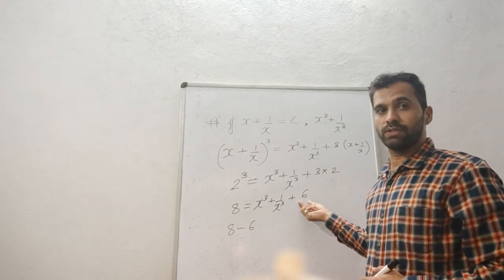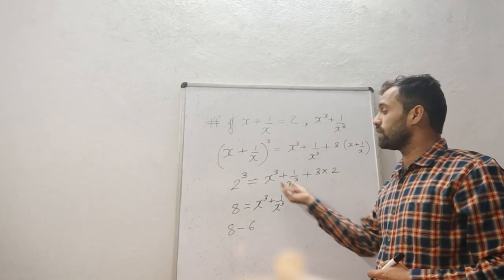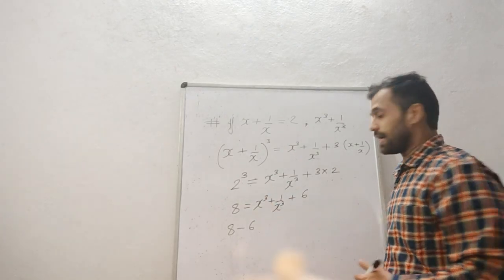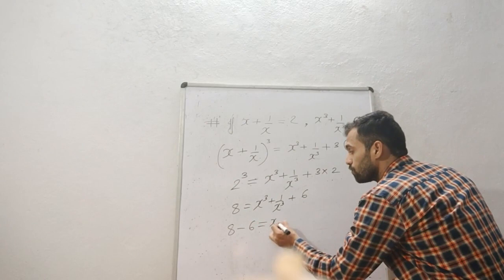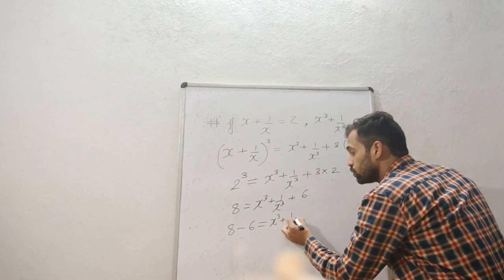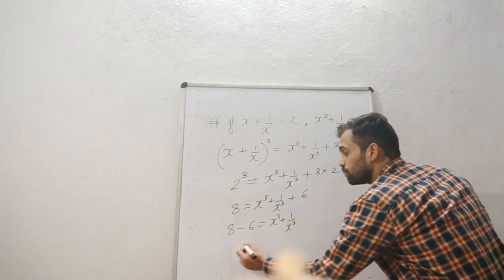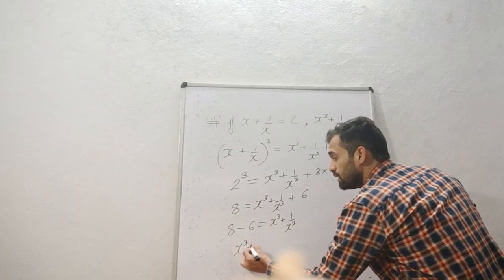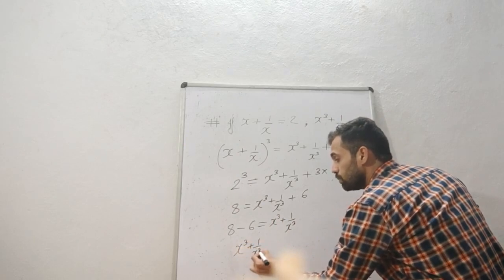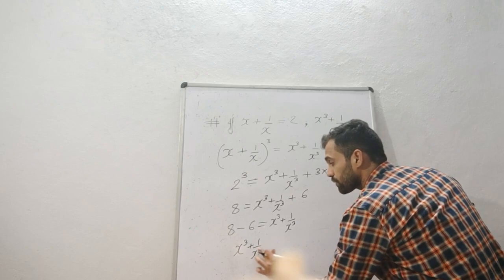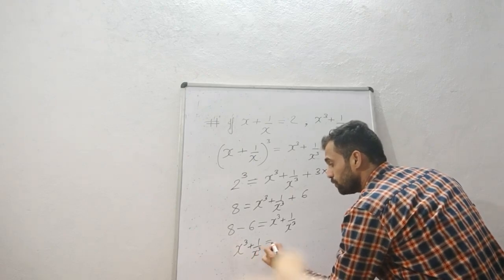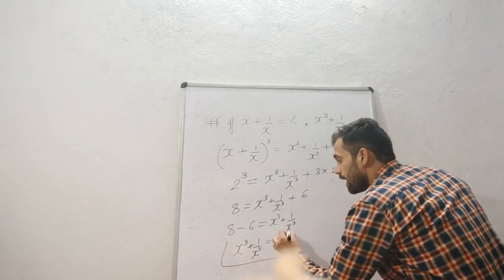Here it is positive 6, so when it goes to the other side it will become a minus sign. So finally we get x cube plus 1 by x cube is equal to 2. Positive 2 is the final answer.